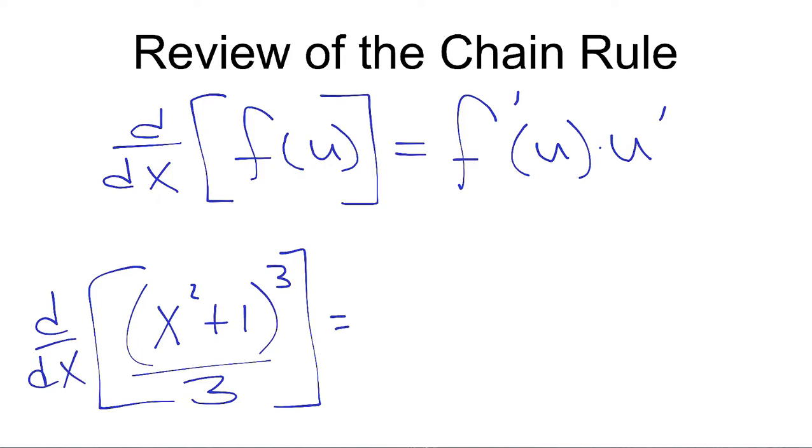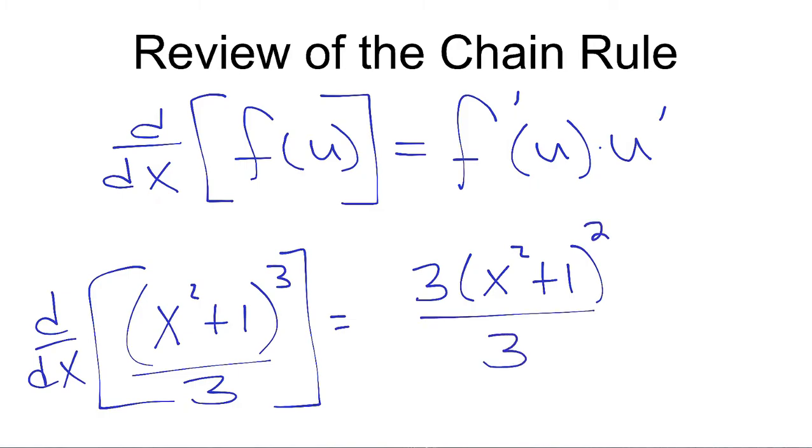Well, we bring that power down, reduce the power by 1, and then we differentiate the x squared plus 1. So it ends up with something like that. That would be how we do the chain rule on a problem like that.